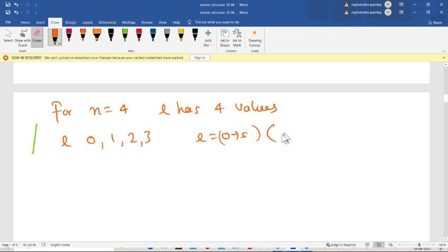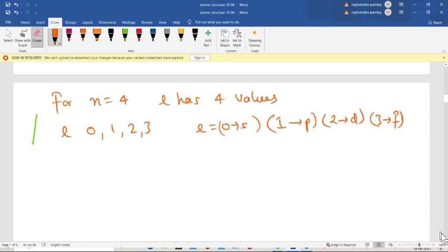L is equal to 1 corresponds to p orbital, L is equal to 2 to d orbital, and L is equal to 3 to f orbital. I told you that the day before yesterday. Read the PDF: s, p, d, f.